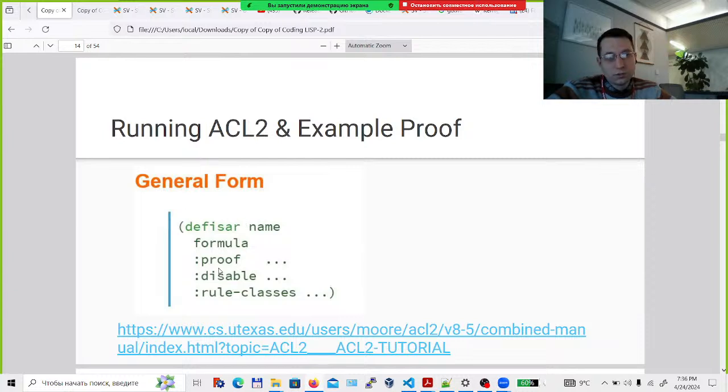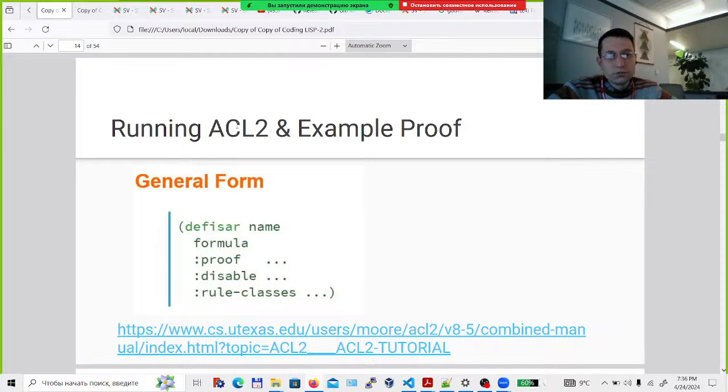I just copied and pasted some Isar example, which is famous from the Isabelle/HOL theorem prover, in the name of the theorem. Then we have to define the formula, the statement of the formula. I want to note that ACL2 is a first order logic theorem prover, rather than, for example, Isabelle and Coq where you can have higher order logic functions with infinitely many types of inclusions for the quantifiers.